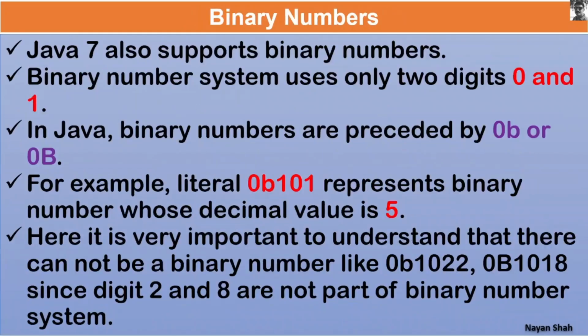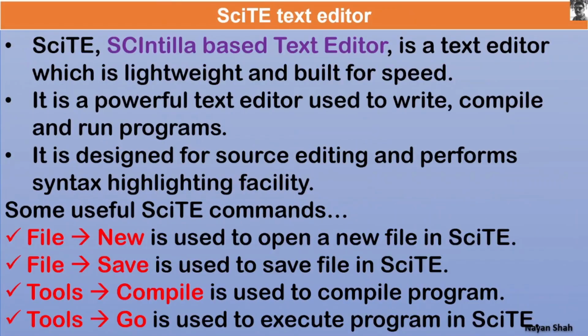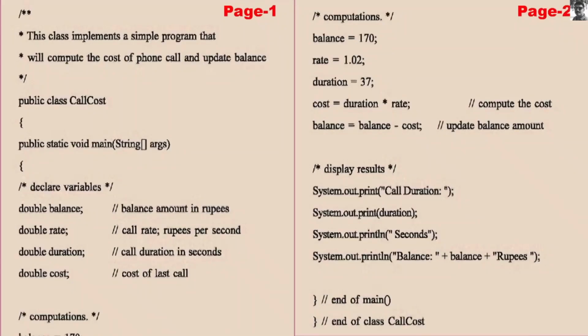As in this program which we saw long back when we started chapter 7, all these are comments. It says declare variables, that means the next statements are declaring variables. Computation means the next section is doing some computation. Display results means the next statements are displaying the result.